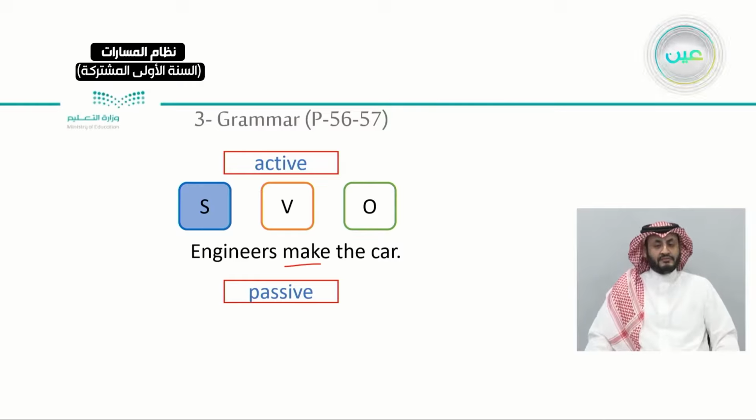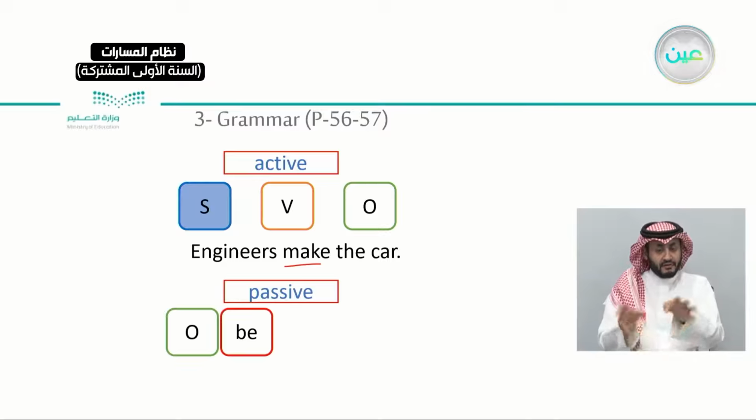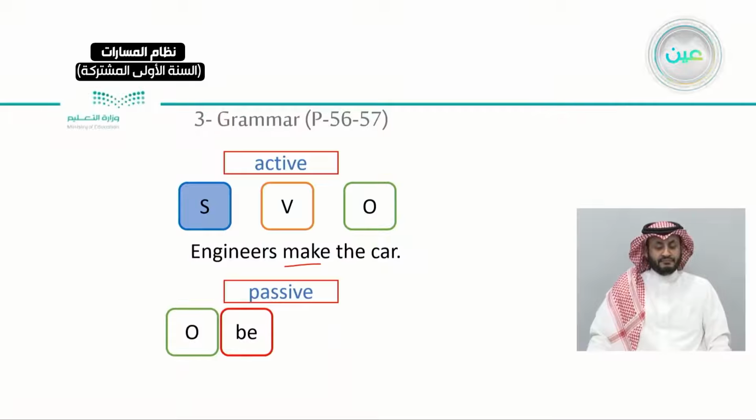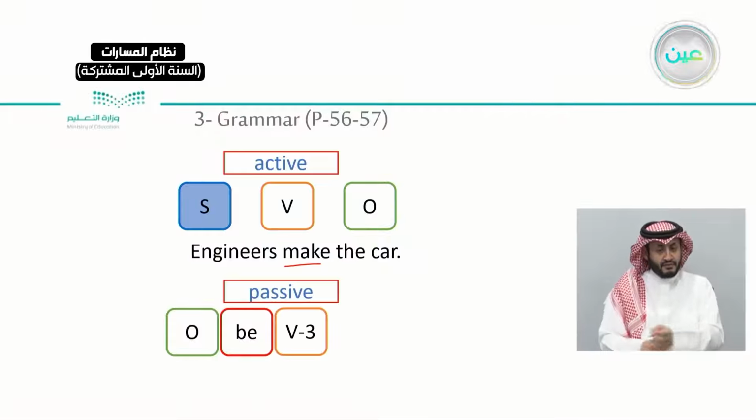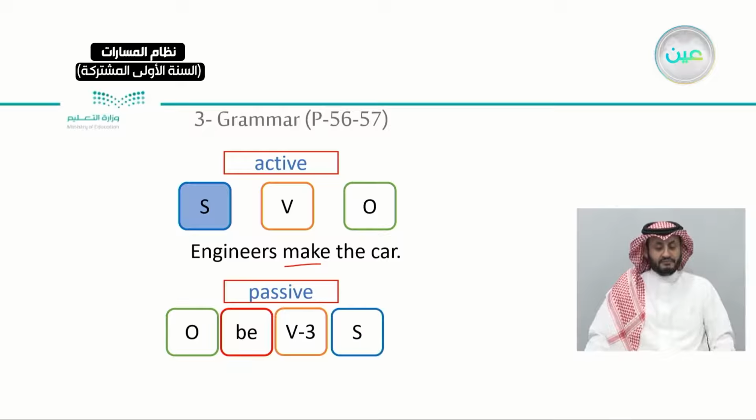They are the engineers. If I want to change it into a passive voice, we will start the other way around. We will start with the object. So, object, verb to be. So we will make a difference between this active and passive. Verb number 3, and always verb number 3, then the subject. And this one, by the way, is optional.